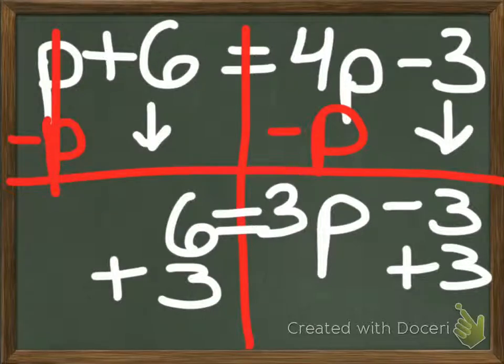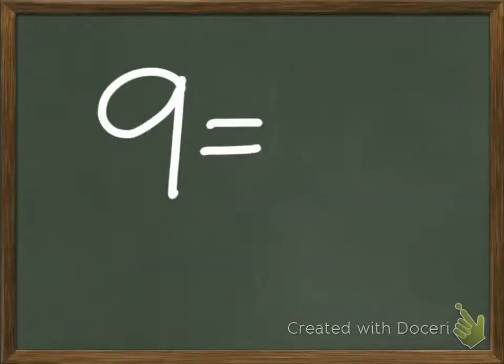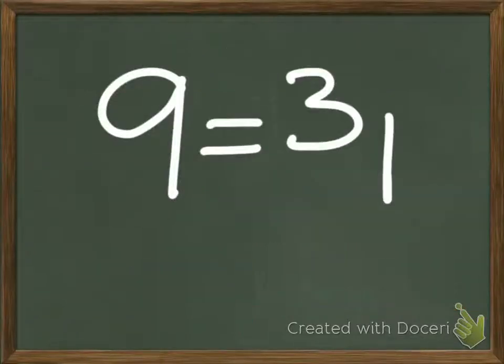And what that's going to do is cause these to cancel out. Oh, the one on the right to cancel out. And it's going to give me a completely new answer. And that new step right there, I would end up with 6 plus 3. So that would give me 9 equals 3P.